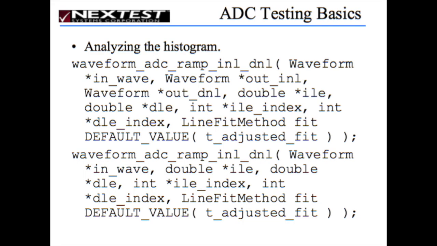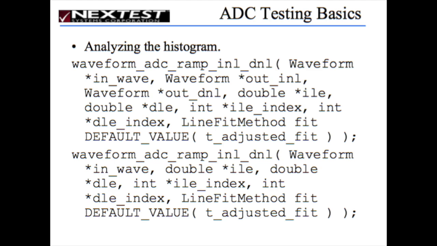Okay, analyzing the histogram. To analyze the histogram we generated, we use Dave's functions. He wrote a couple of functions: Waveform, ADC, ramp, INL, DNL. You give it the waveform, and you get two waveforms out, out INL and out DNL. You get two doubles, the integral linearity error and the differential linearity error.